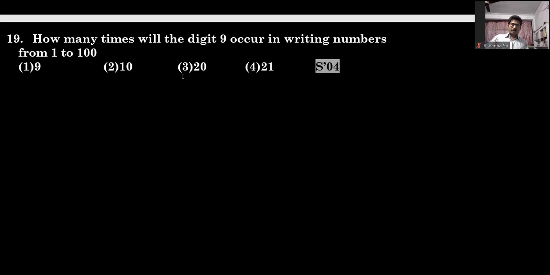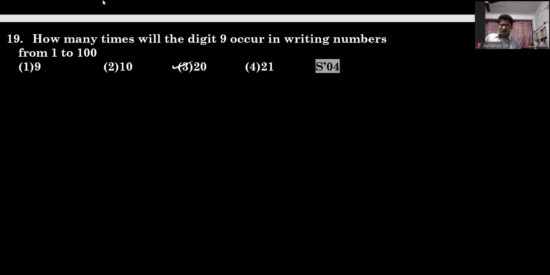19th, how many times will the digit 9 occur in writing numbers from 1 to 100? So 20 times, children. So how can we identify?